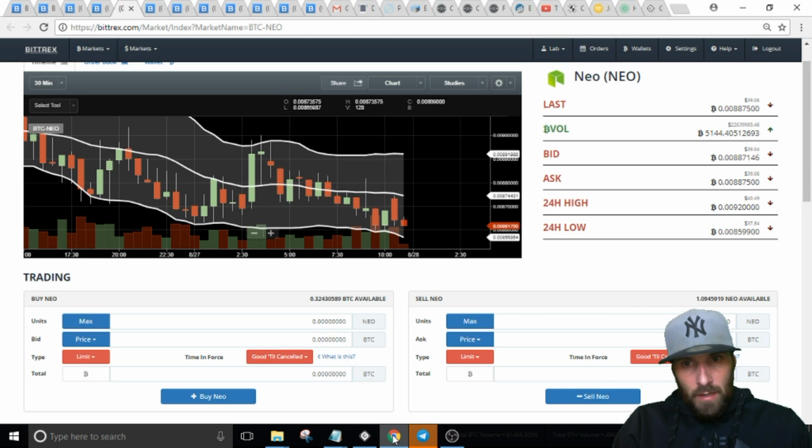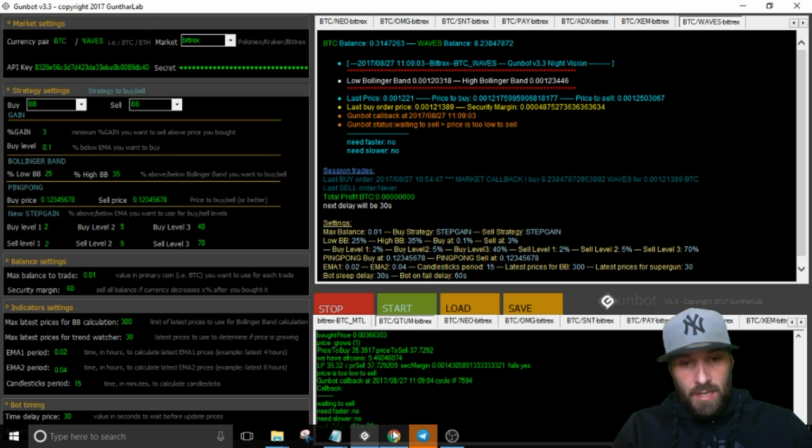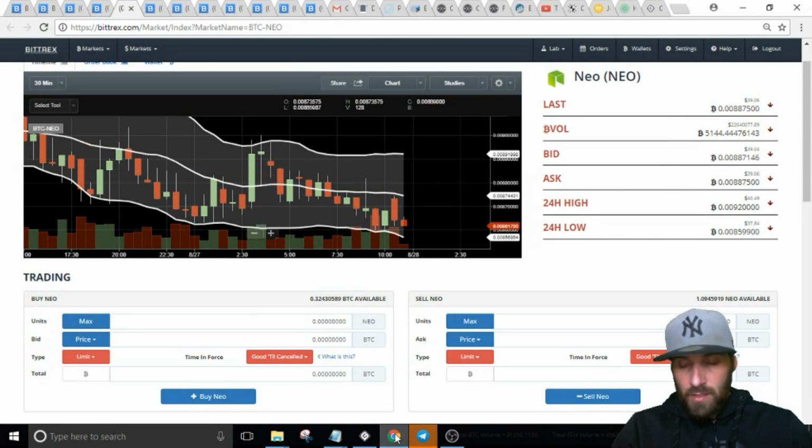However, Stepgain can be very beneficial when a price goes vertical up. It really can. And Gunther, the only reason he has not taken Stepgain off of the software is because there are a few people who still use Stepgain.